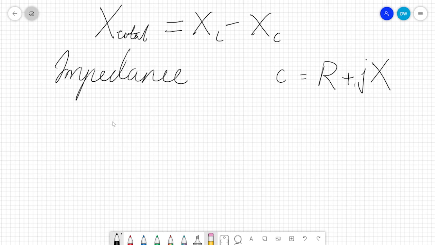But actually, it's normally Z, isn't it? So Z, the impedance, would end up being a complex quantity.